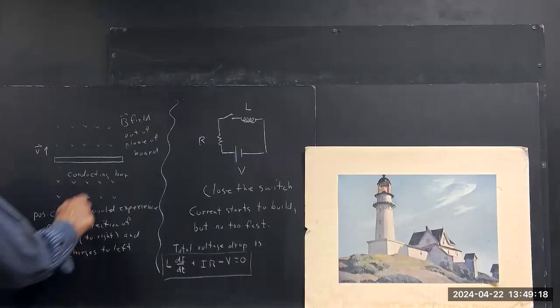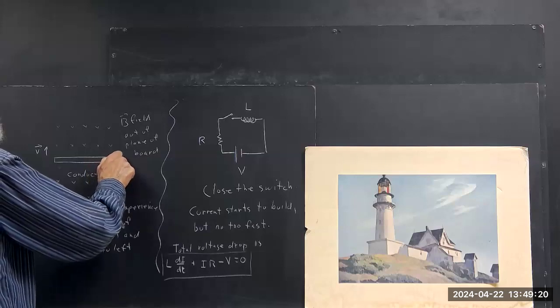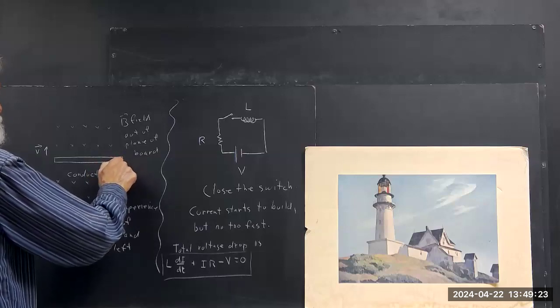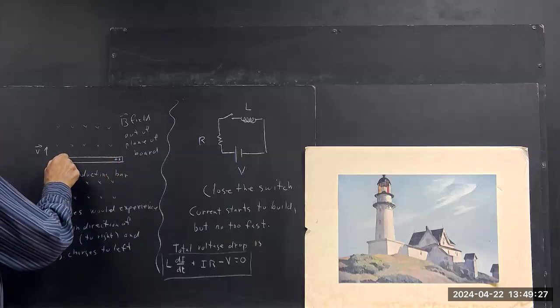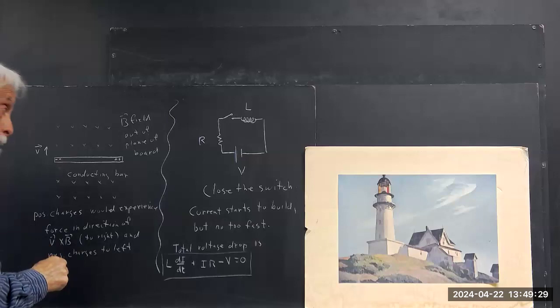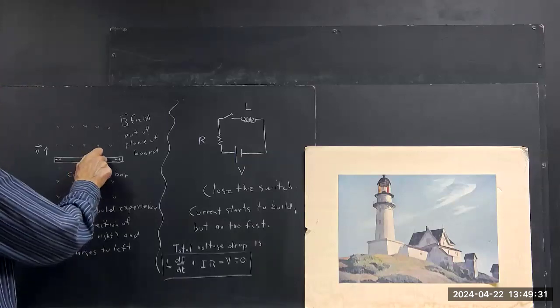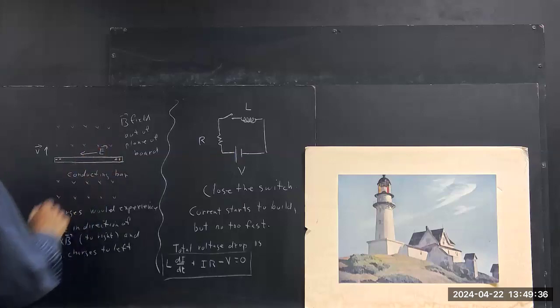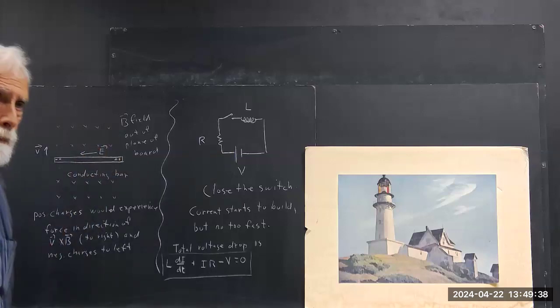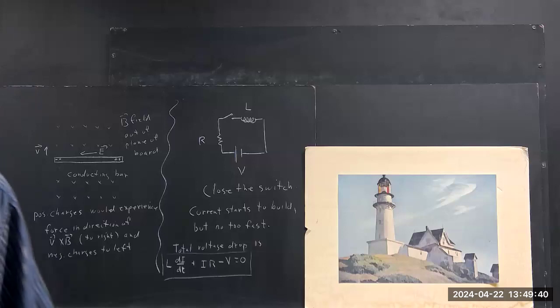So you would end up with excess positive charge on this end, excess negative charge on this end, and an electric field from positive toward negative, in the direction in which a positive charge would experience a force.